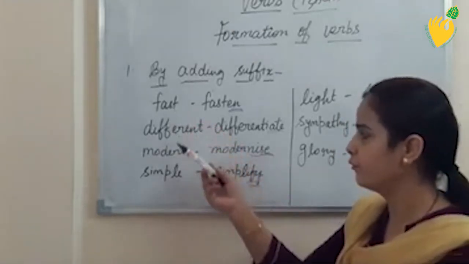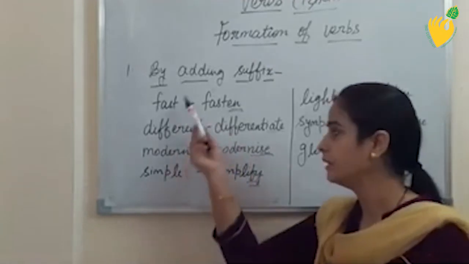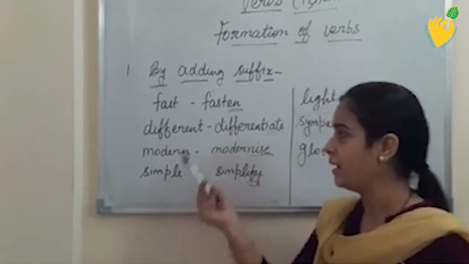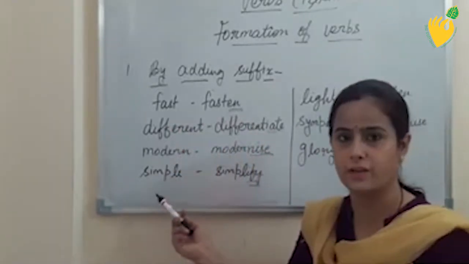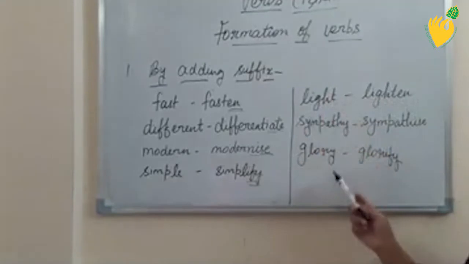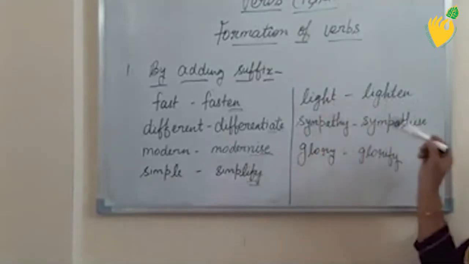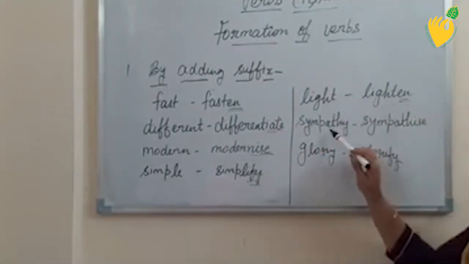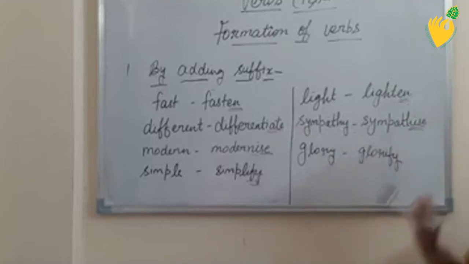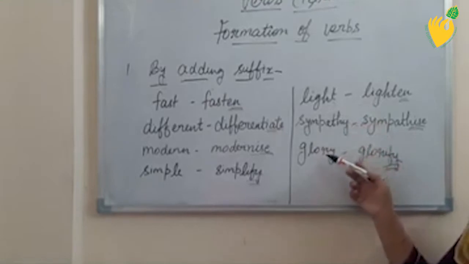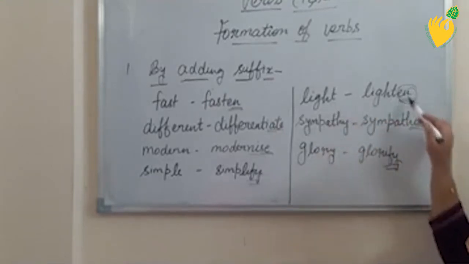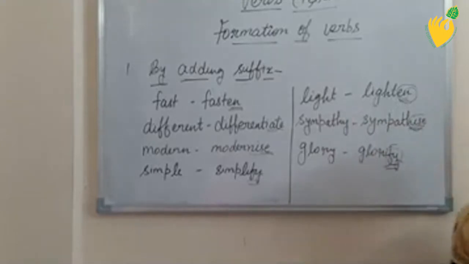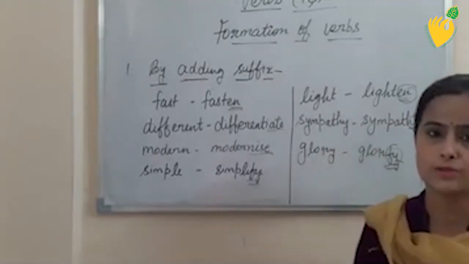Students, fast, different, modern and simple, these are adjectives, and by adding suffix we can form verb with the help of these adjectives. Now look at these examples: light, lighten, sympathy, sympathize, glory, glorify. Light, sympathy, glory, these are nouns, so we can add suffix to form verb in these nouns.